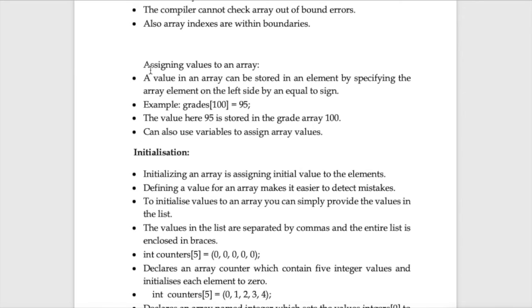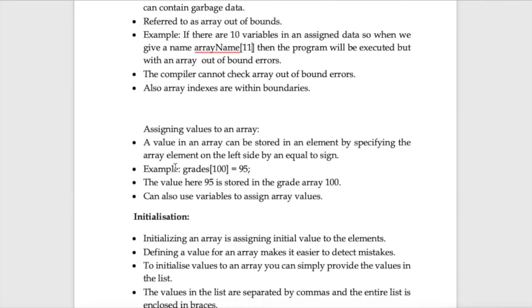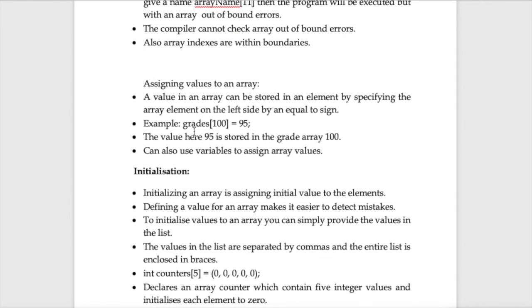Okay, assigning values to an array. A value can be stored in an array element by specifying the array element on the left side of an equal to sign. Here is an example which will give you clarity. This is all theory we have been talking about, assigning values to an array.